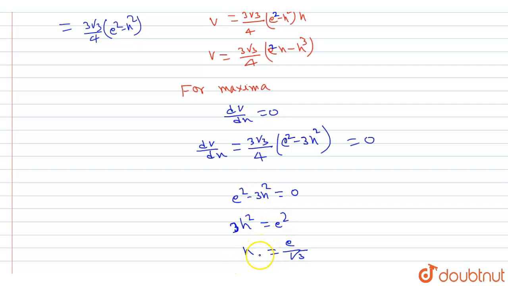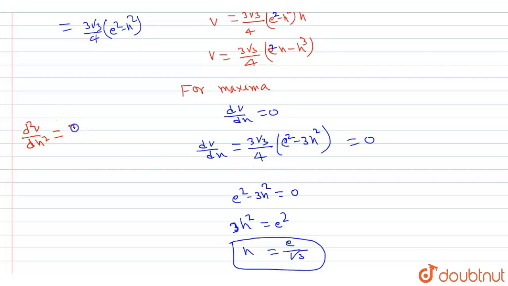For this we have to find d²V/dh² after further differentiation. This is the required answer for this question, but we have to check whether this is the maximum point or not. So we have to find d²V/dh².